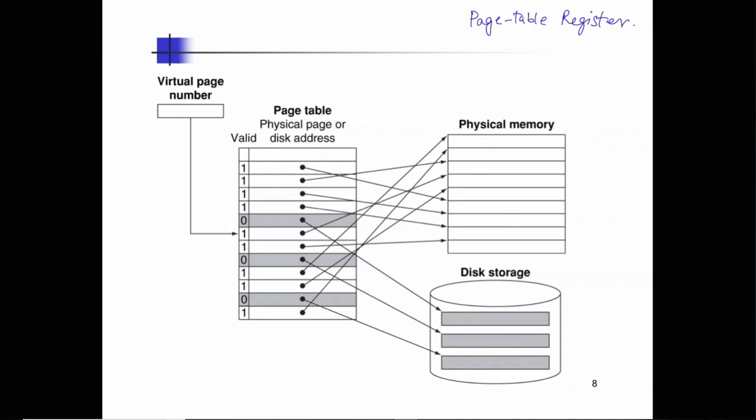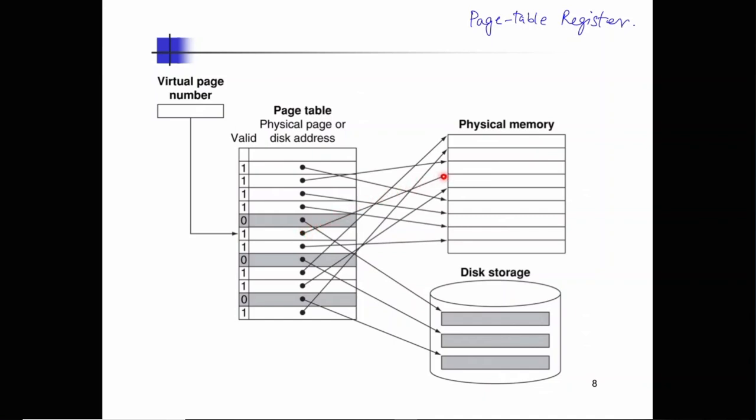The virtual page number is used to index the page table, and at that particular entry, if the valid bit is on or 1, the page table is going to supply us with the physical page number, that is the starting address of the page in memory corresponding to that particular virtual page.